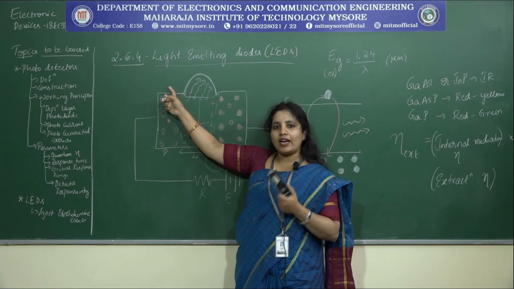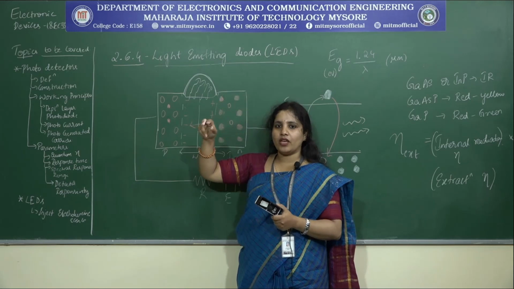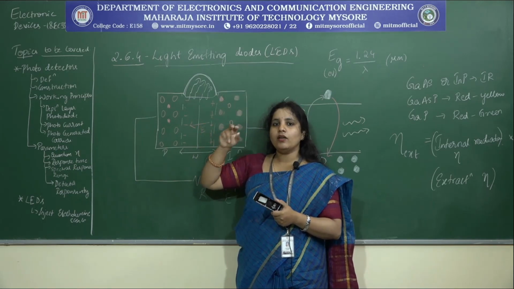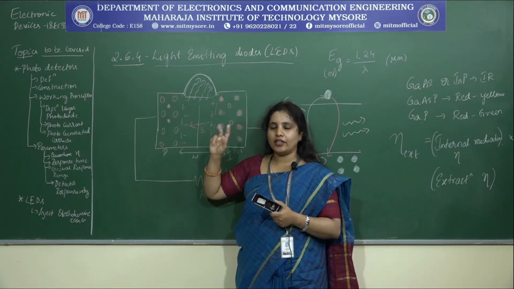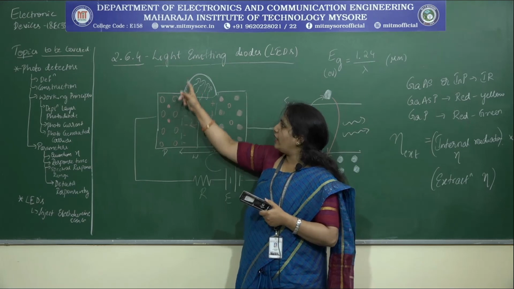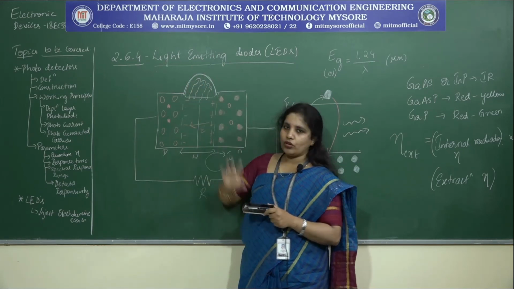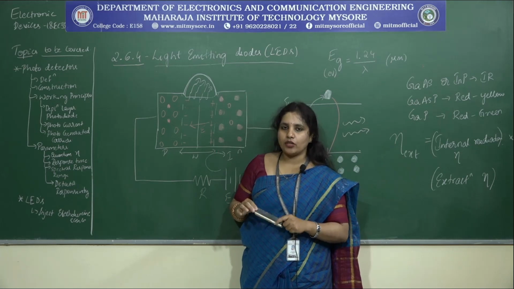As a result, the angle with which the light energy is incident on the planar surface will be more than the critical angle, which in turn results in total internal reflection. And I don't want this total internal reflection to happen. So to avoid that, I'll try to have a dome-like structure. I'll try to have an encapsulation. You can also say it is an encapsulation.